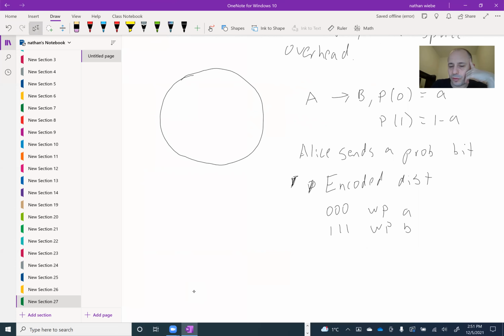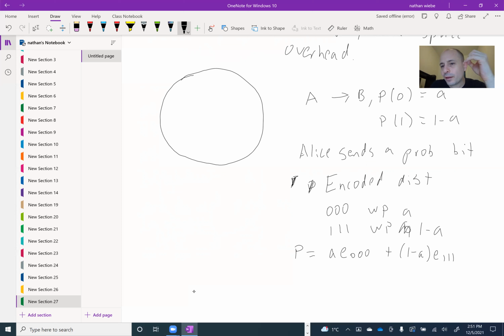Using the notation that we used for probabilistic reversible computing at the beginning, this probability distribution could always be written as A e_000 plus (1 minus A) e_111.